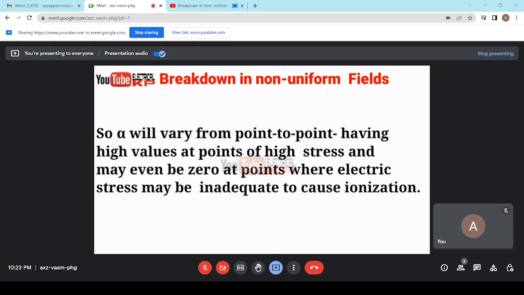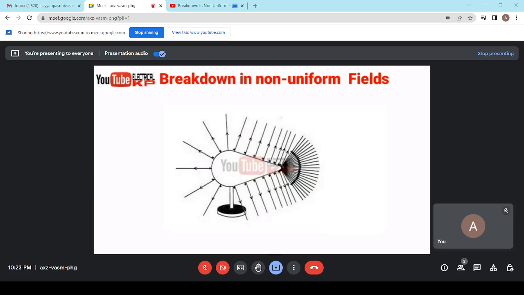At points where there is the highest concentration of point charge, partial breakdown may occur. As seen from this figure, the smaller the radius of curvature of a surface, the greater the concentration of charge in that region.